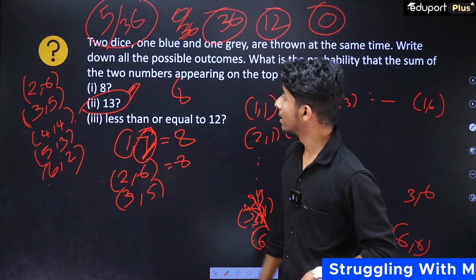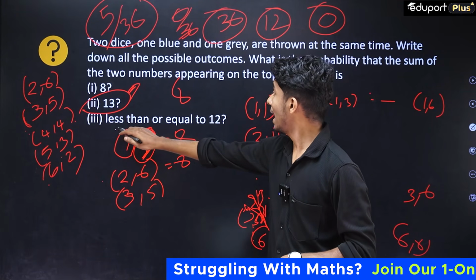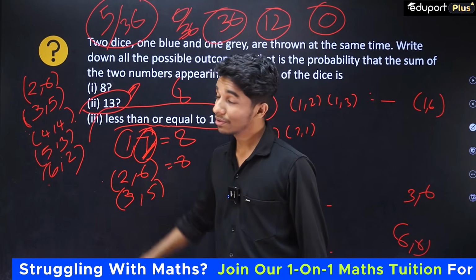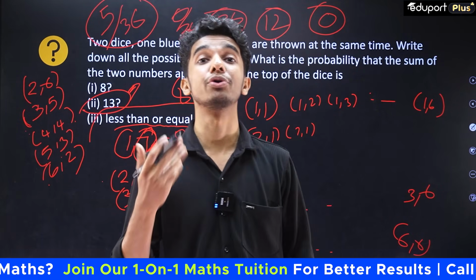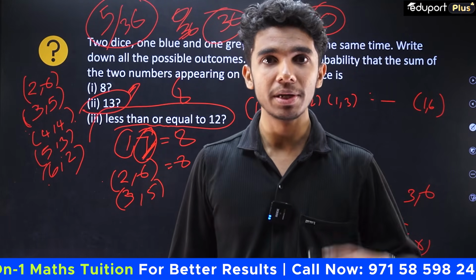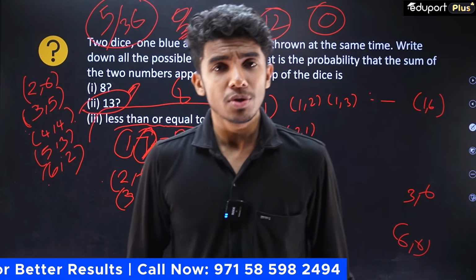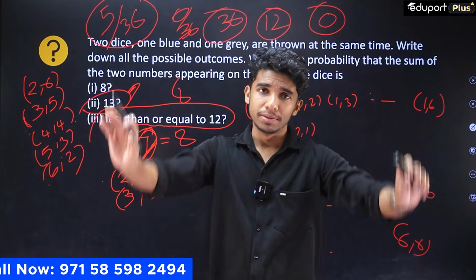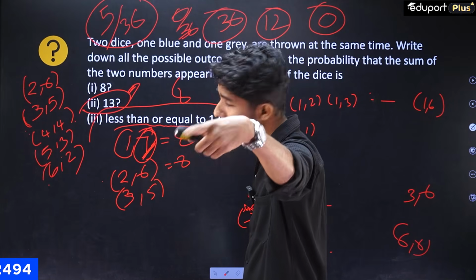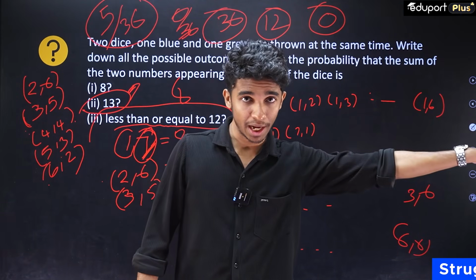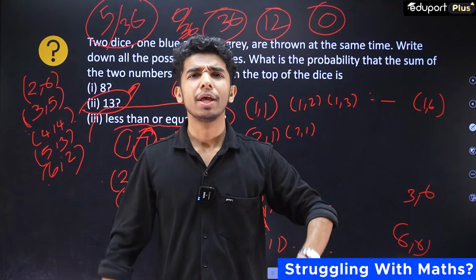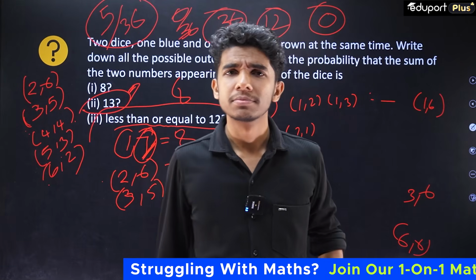And the third answer: what is the probability that the sum is less than or equal to 12? Take all the possible outcomes from the first die and the second die. You add any numbers in that.